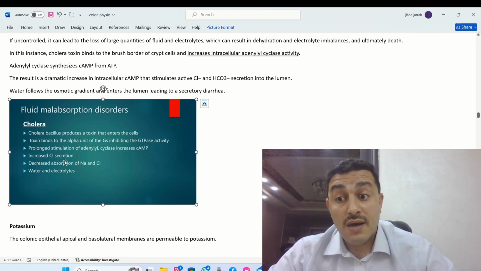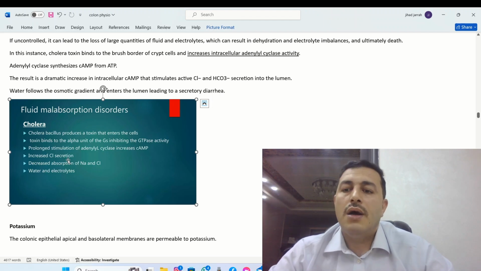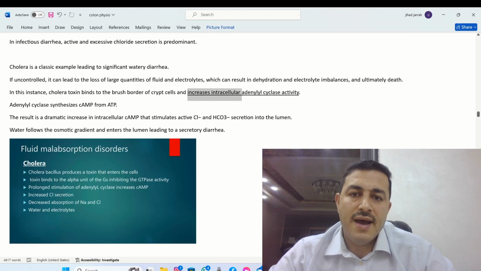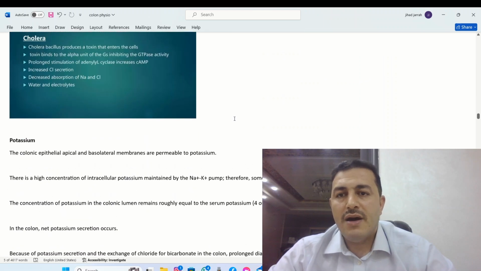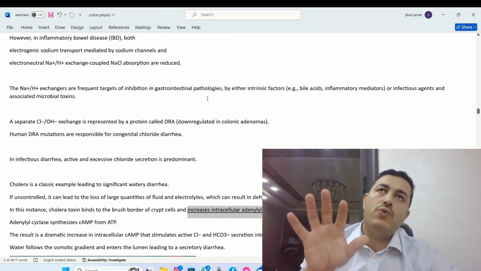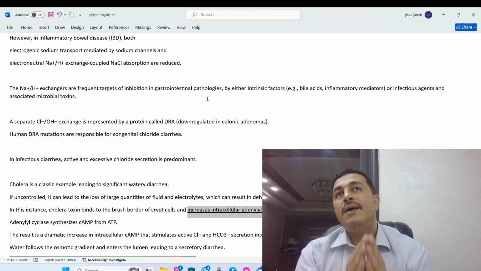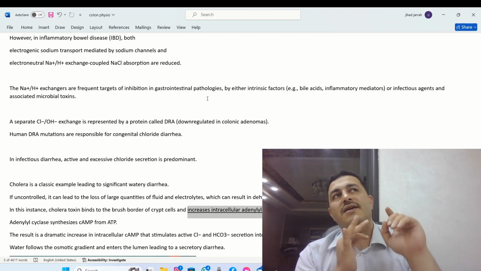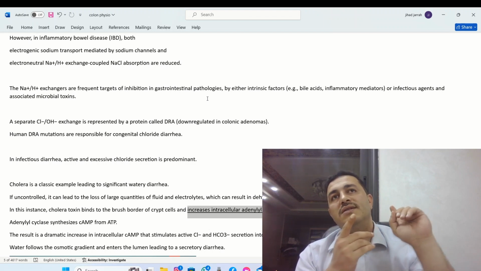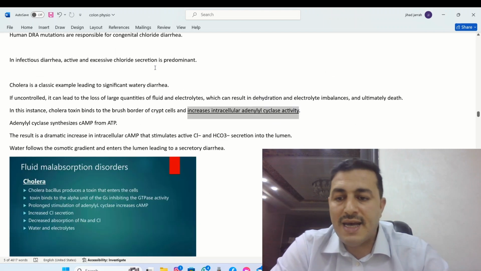This will increase chloride secretion, not absorption, secretion, and decrease absorption of sodium and chloride. And I think the clue for cholera is the increased intracellular adenyl cyclase activity. Okay, this is just how the malabsorption of sodium chloride may explain some diseases such as infectious diarrhea, Clostridium difficile, inflammatory bowel disease, cholera, etc.